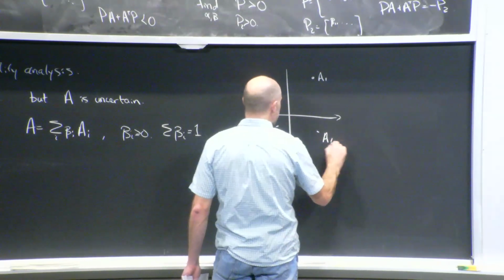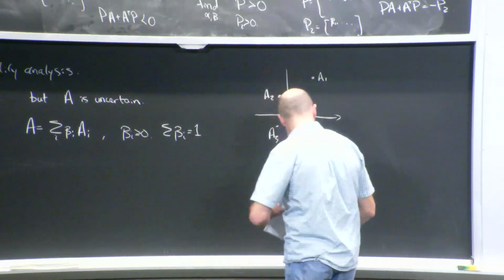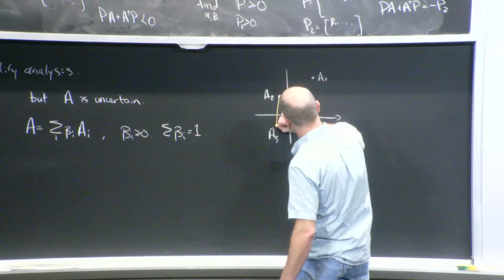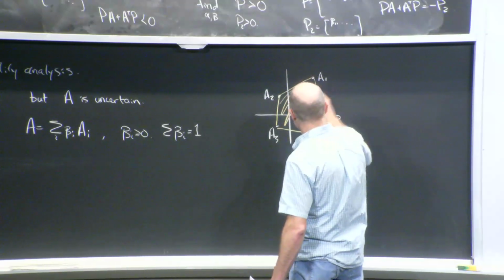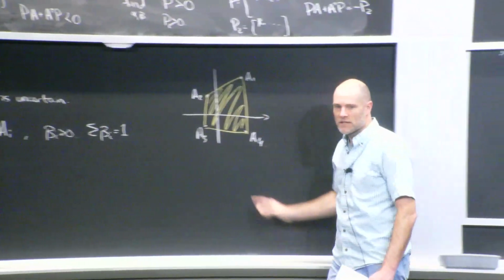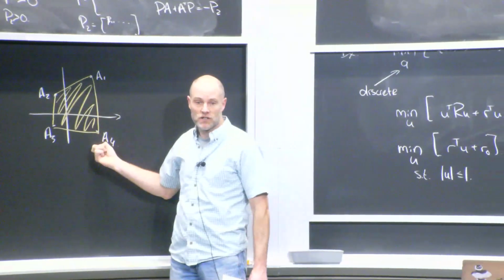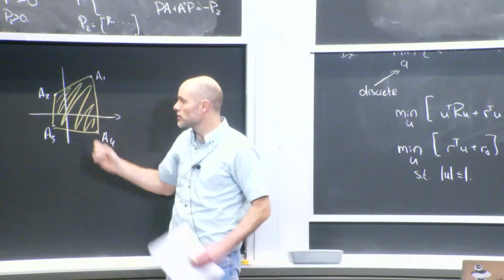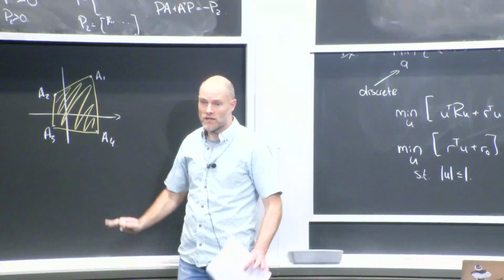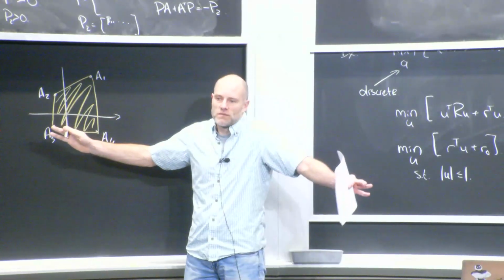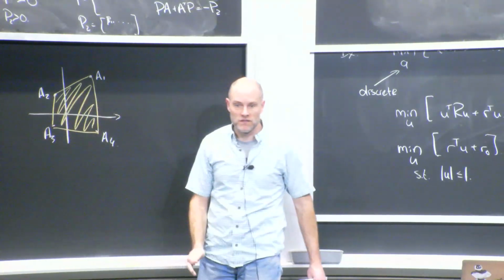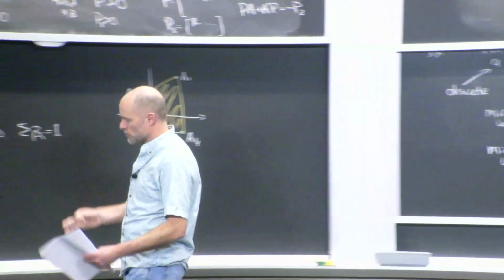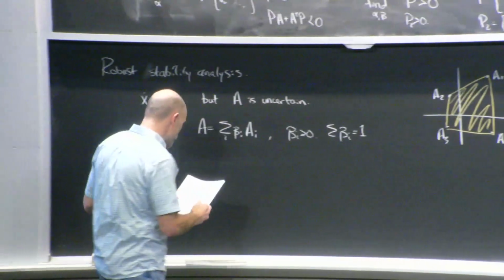This is like a vertex description of the polytope that defines possible A matrices. I'm saying any A matrix can be made out of a convex combination of those. That's some way for me to say, I don't know A, but I know it's somewhere in there. The mass could be between 10 and 12.